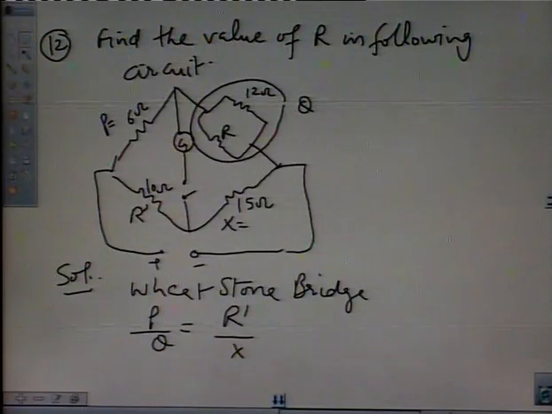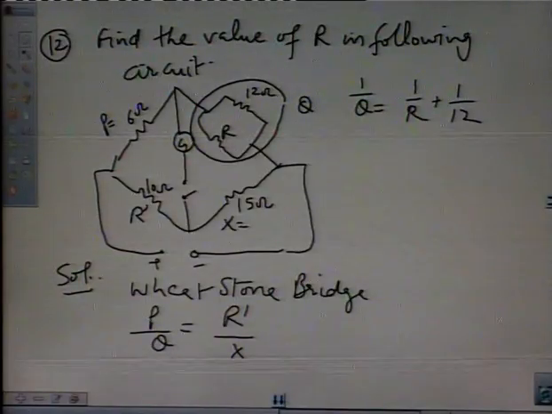From this circuit, it is clear that 1 upon Q is equal to 1 upon R plus 1 upon 12, because R and 12 ohm resistance are connected in parallel. So the total resistance Q in parallel is equal to this one.